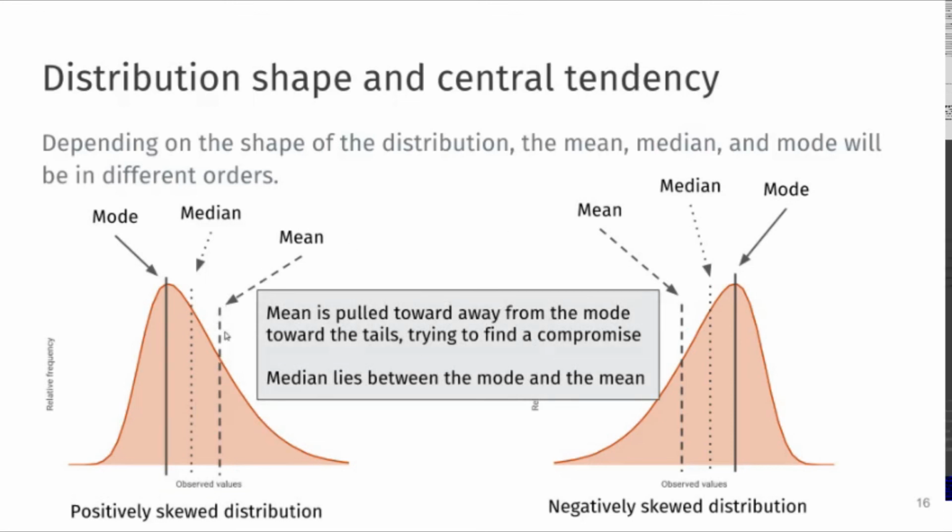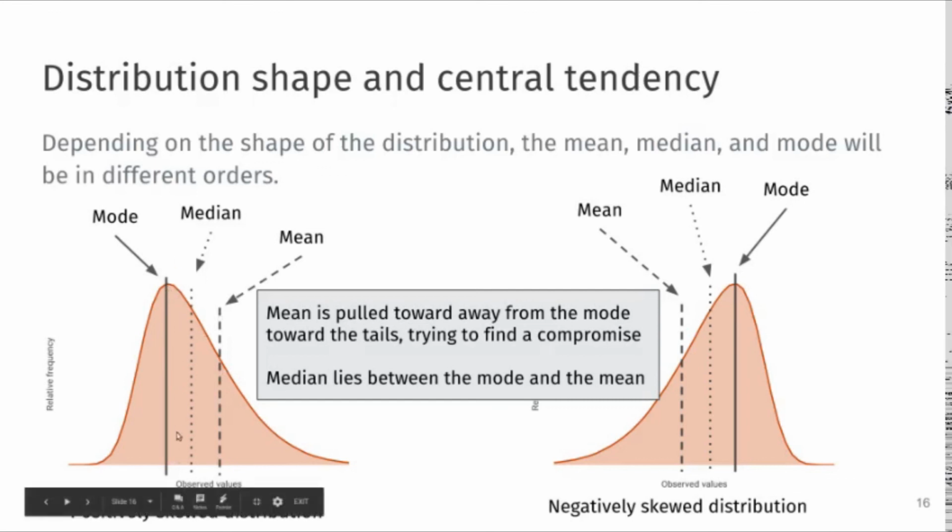The mean is going to say, well, okay, sure, there's a lot of observations here at the mode, but there's this really long tail here, and it would be unfair to leave that tail out.